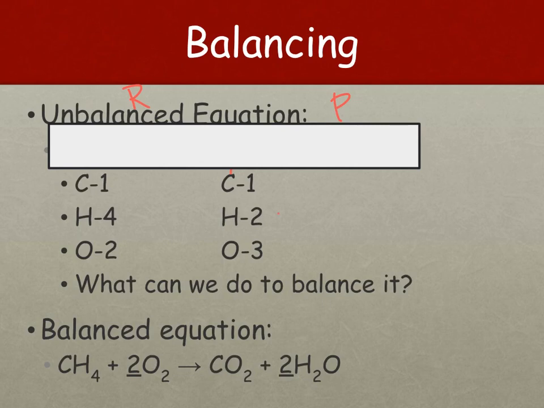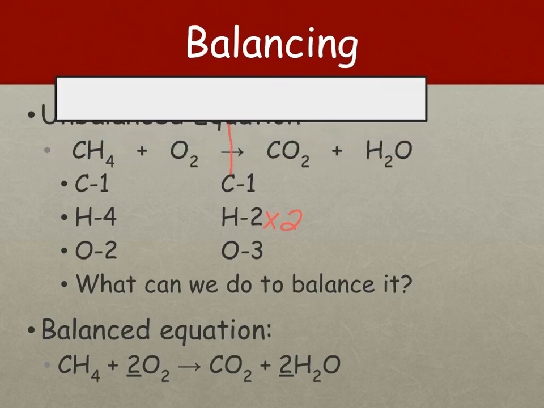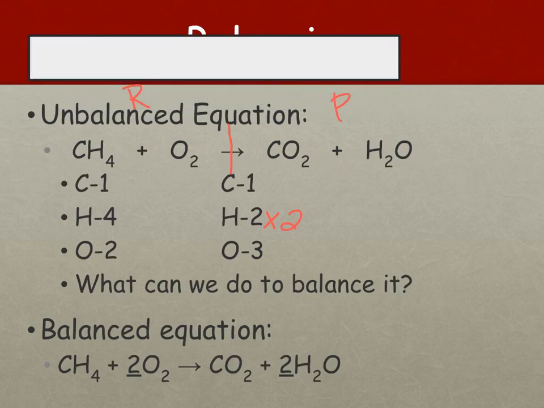So wherever the hydrogen on the right is, I need to multiply that by 2. So let's go back to our equation. Finding hydrogen on the right, I see that I need to multiply it by 2. That's going to distribute not only to the hydrogen now, but to the oxygen. So that has changed my hydrogens to 4.